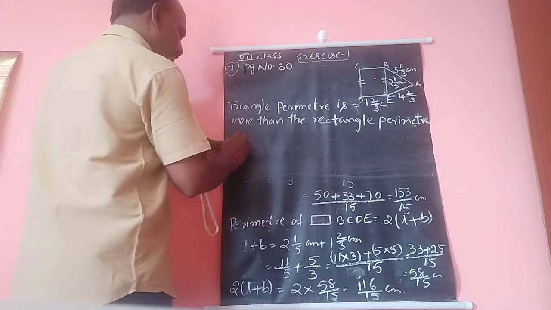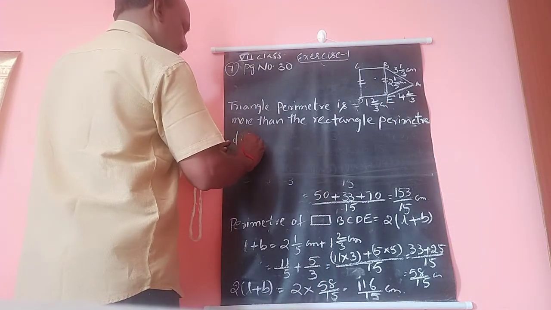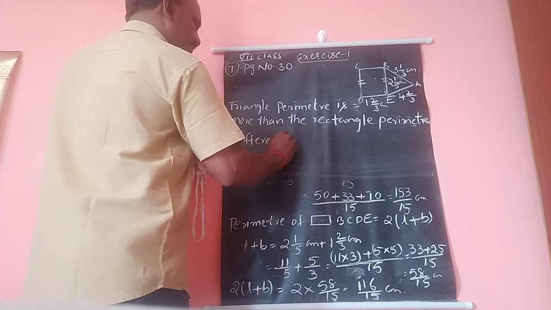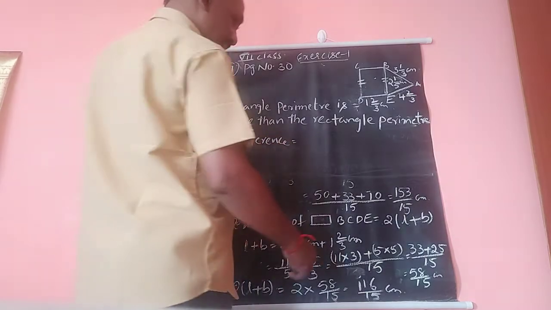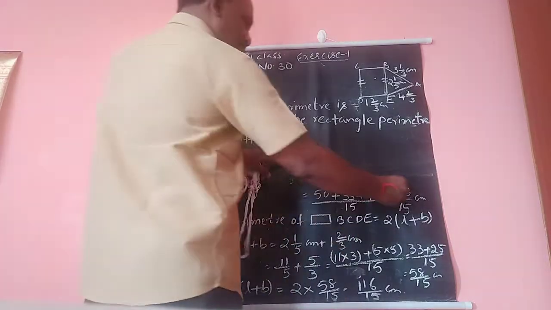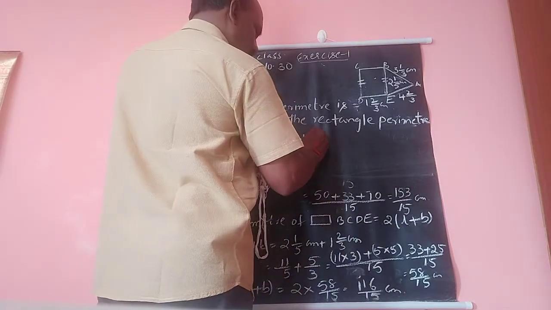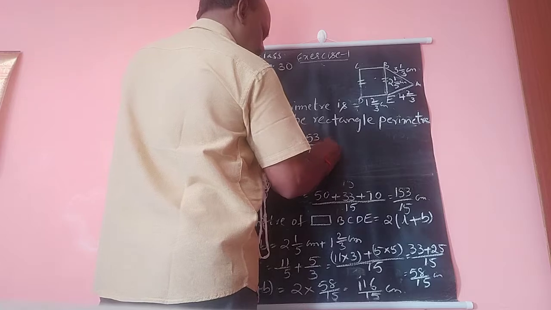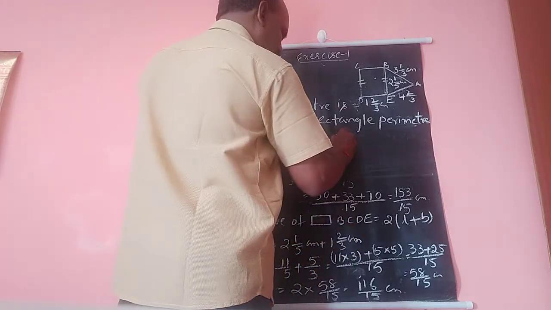How much? The difference is equal to, what is the difference? Listen here. 153 by 15 minus 116 by 15.